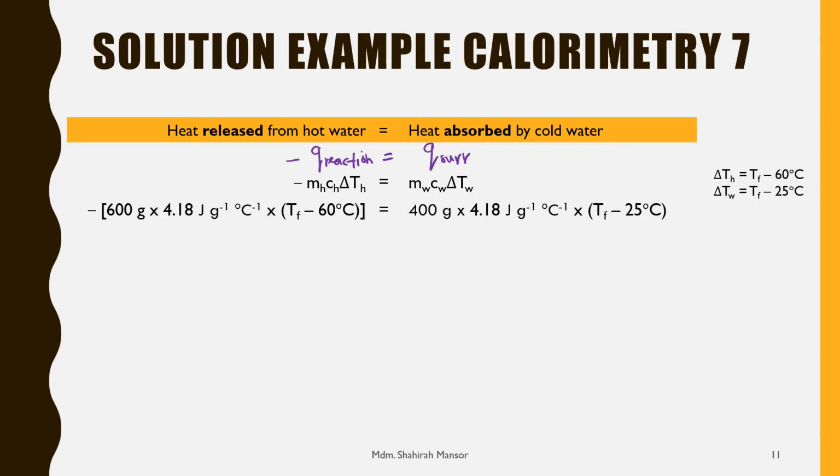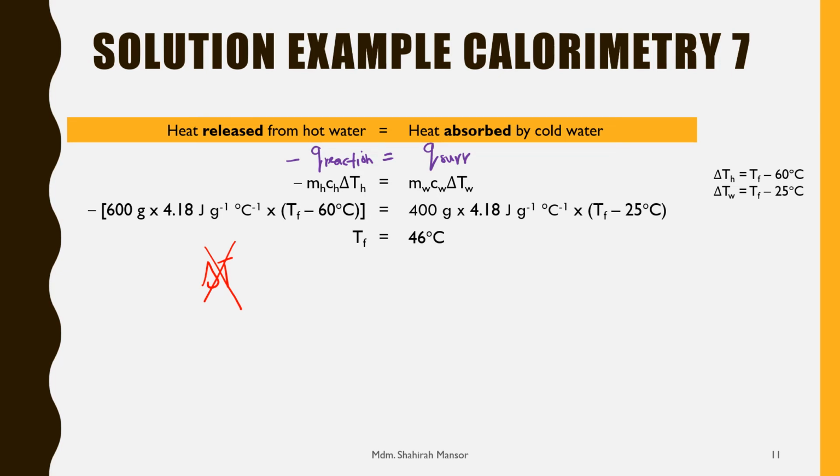So by solving these mathematical operations, maka kita akan dapat T final. And in this soalan, you tak boleh kumpulkan dan cari jawapan untuk delta T dahulu. Okay, tak boleh buat macam ni. Kerana apa?